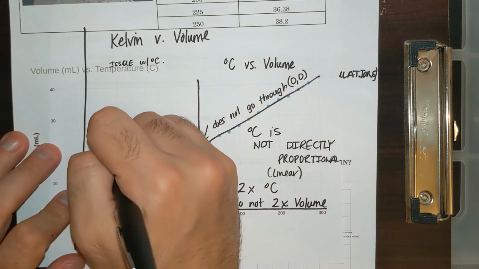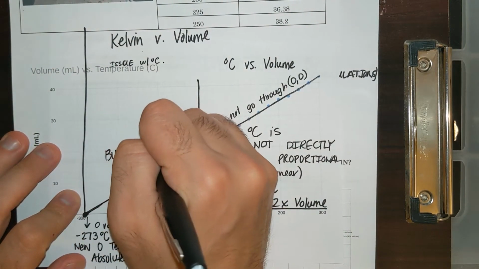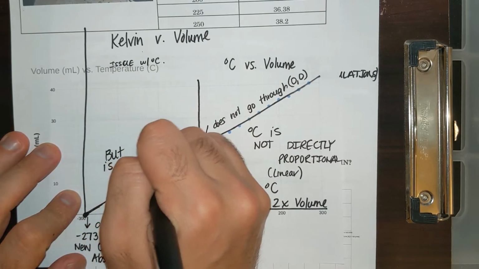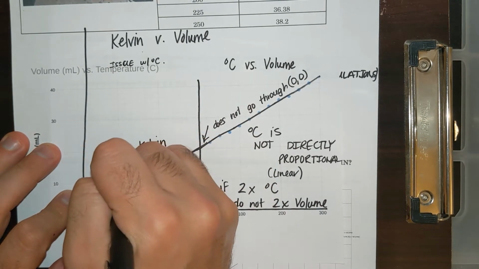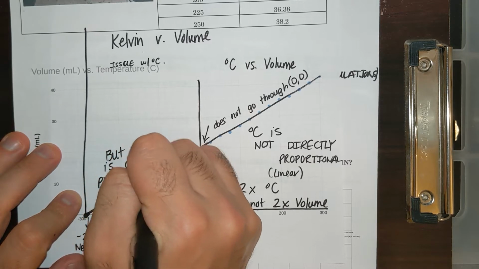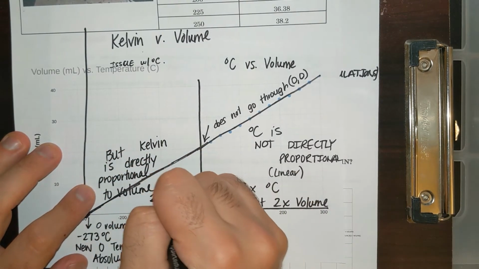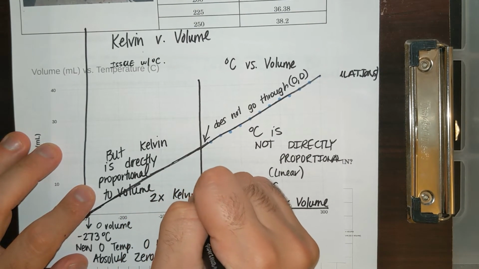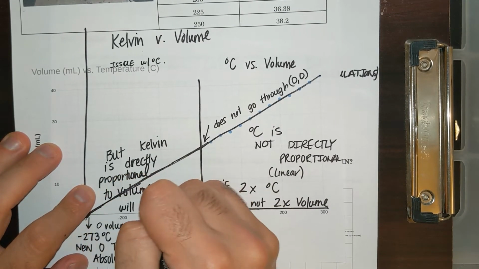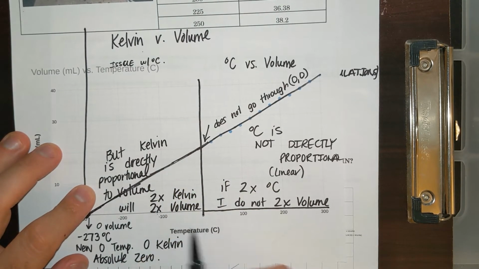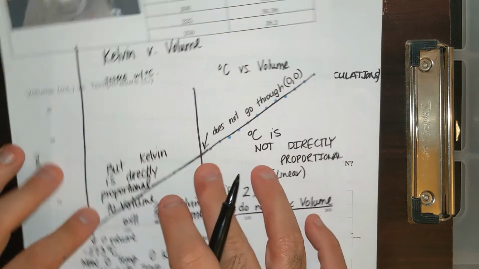But Kelvin is directly proportional to volume. So if I double my Kelvin temperature, I will double my volume. By the way, 2x means double.